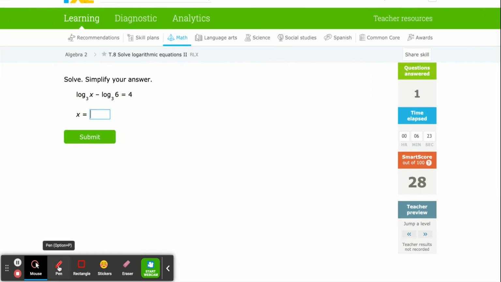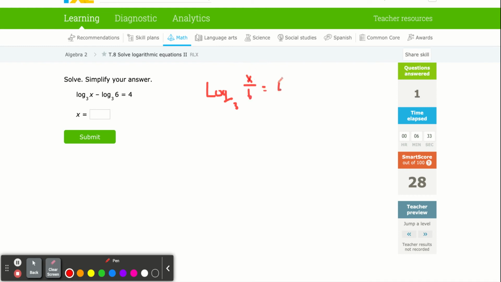So here, again, we're going to do the difference. So again, it's going to be log base 3 of x over 6 equals 4. I combine those two logarithms using the difference rule. And then we get 3 to the 4th equals x over 6.